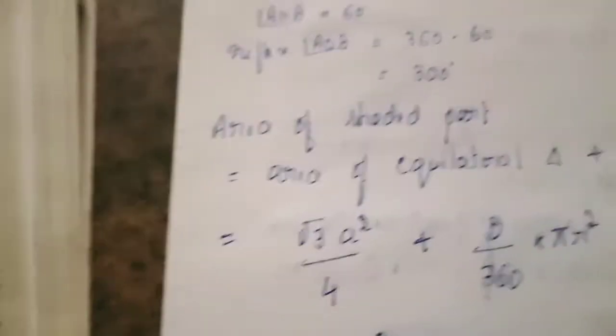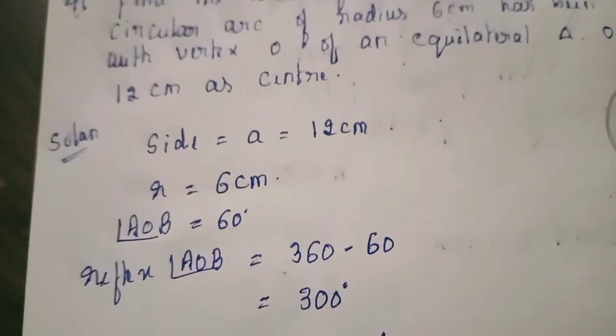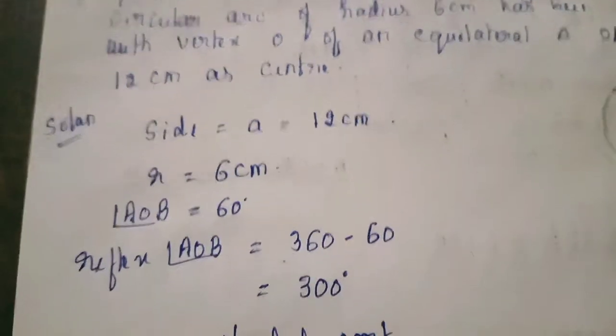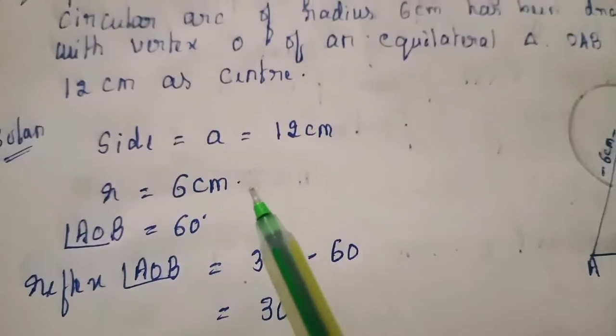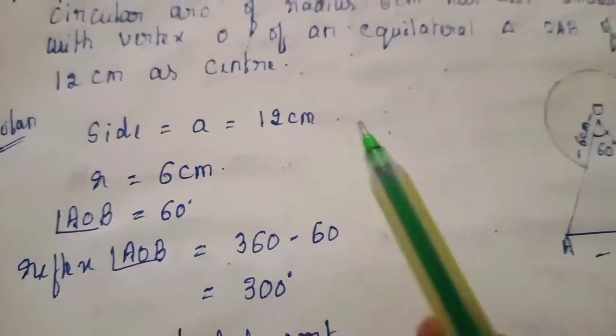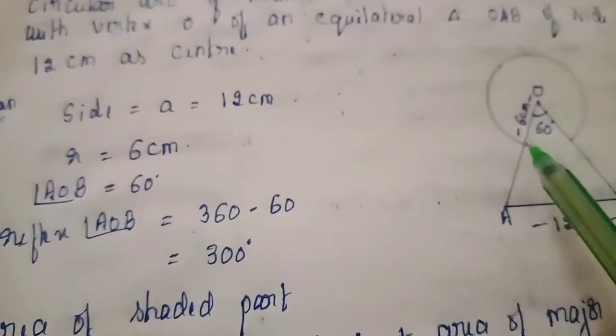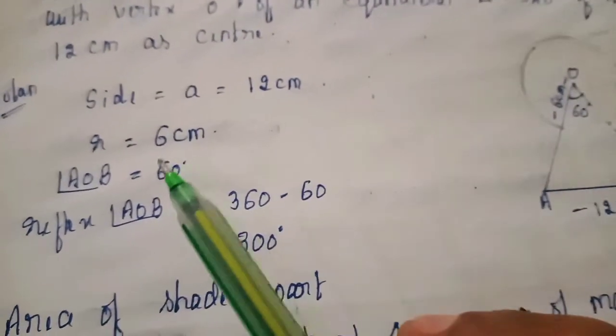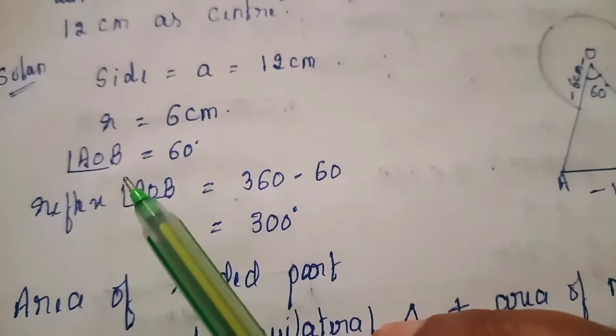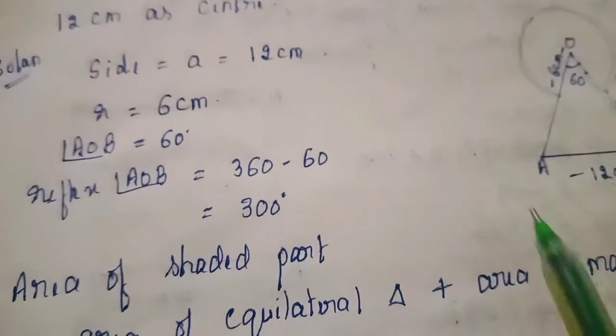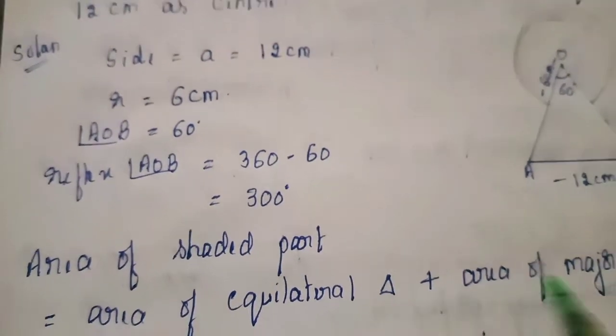Now let us look into the data: what he has given, what he has asked, and how to find it. The side of the equilateral triangle is 12 centimeter, and you can see clearly that the radius of the circle is 6 centimeter, and angle AOB is clearly 60 degrees. Why? Because it is an equilateral triangle.